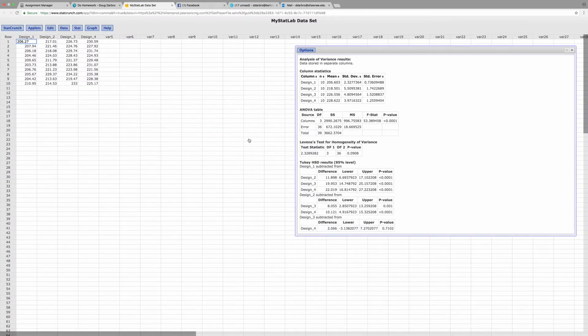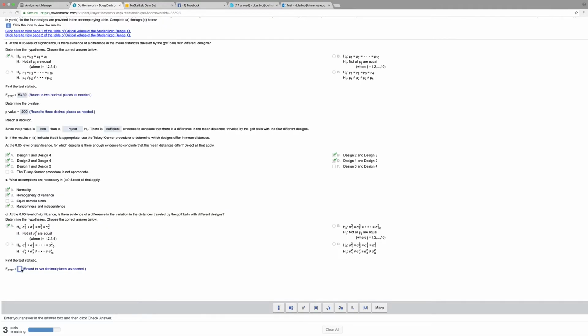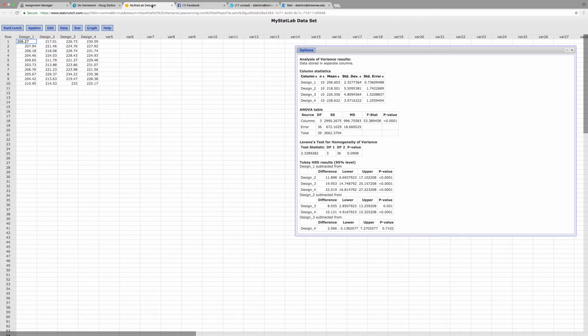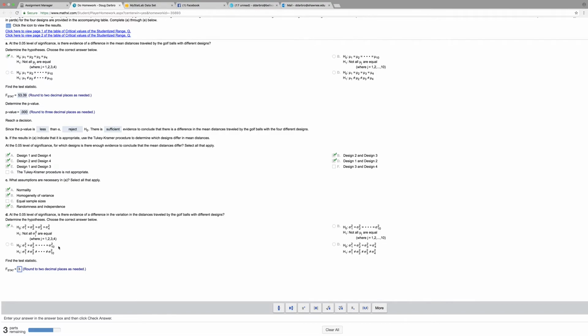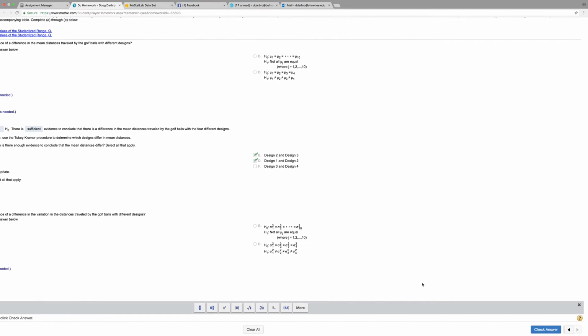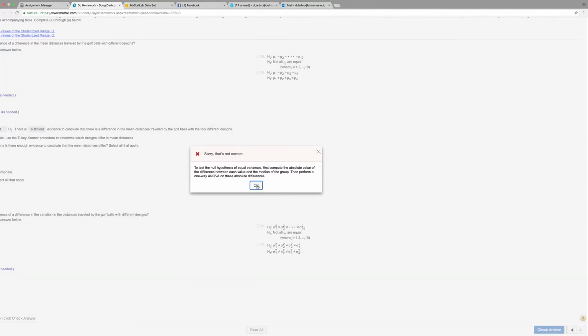The test statistic will be the same, 2.33. All right, let's see again. It says to perform a one-way ANOVA on these absolute differences. Guys, we're just not going to do that. If we had a non-parametric design, yes, but no, we're not doing that.